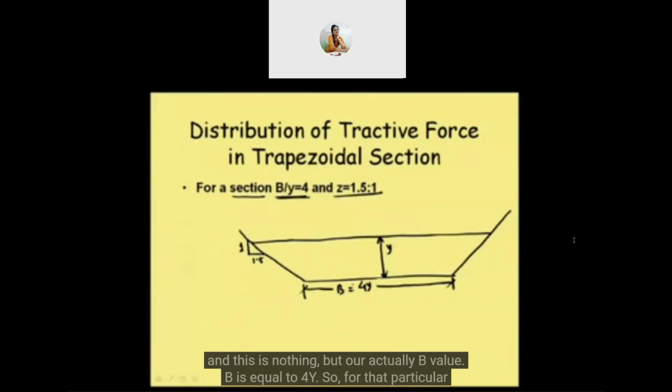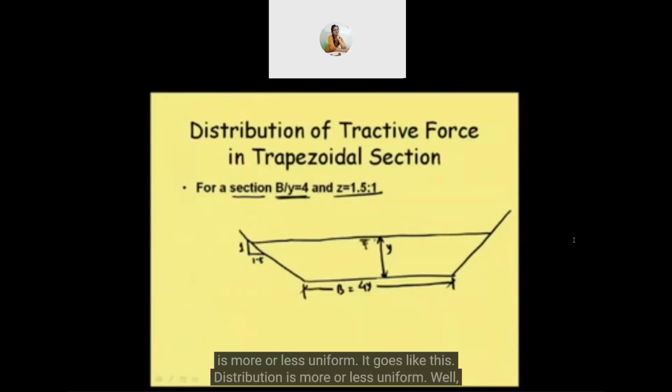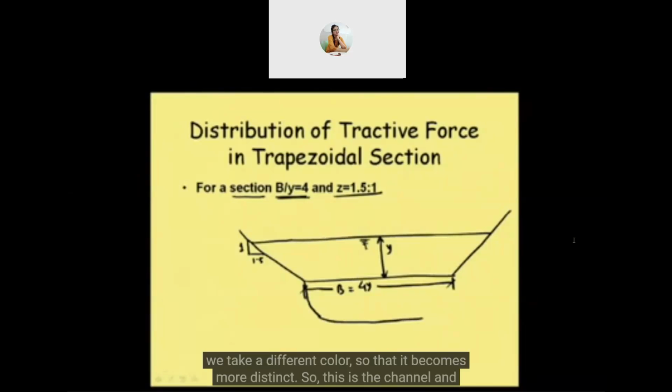So for that particular channel, if we draw the shear stress distribution, then we can see that at the bed the distribution is more or less uniform. It goes like this. Let us take a different color so that it becomes more distinct.